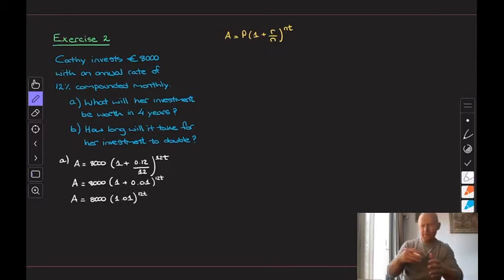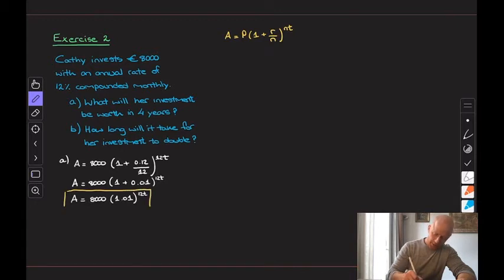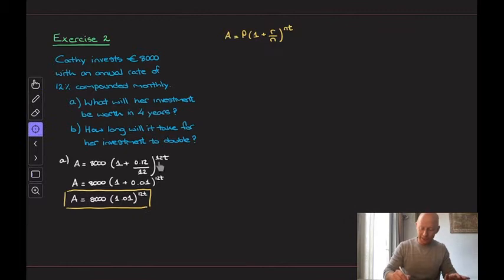Now notice here that I've deliberately not replaced t by 4 yet. And the reason for that is I would recommend, in a question like this one, to get this formula. In other words, all it is really is the simplified version of the initial formula. Now that I have this, I'm good to go for the rest of the question.